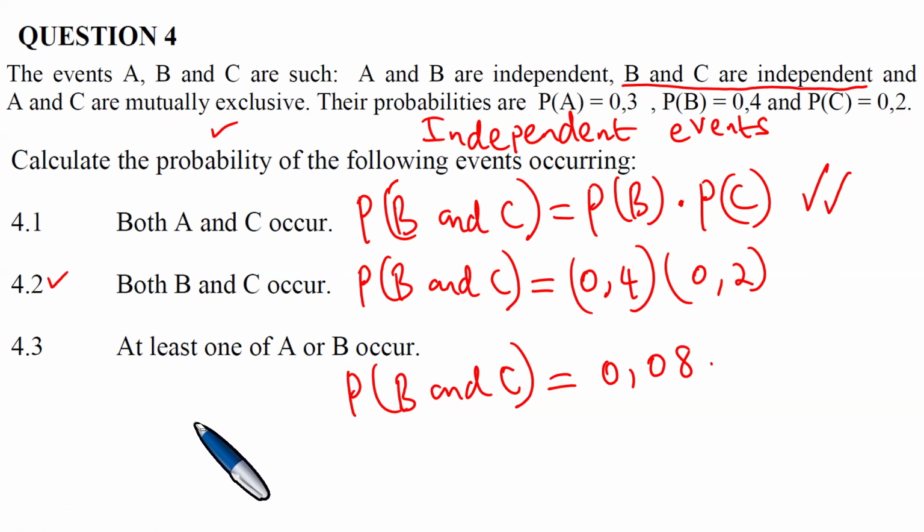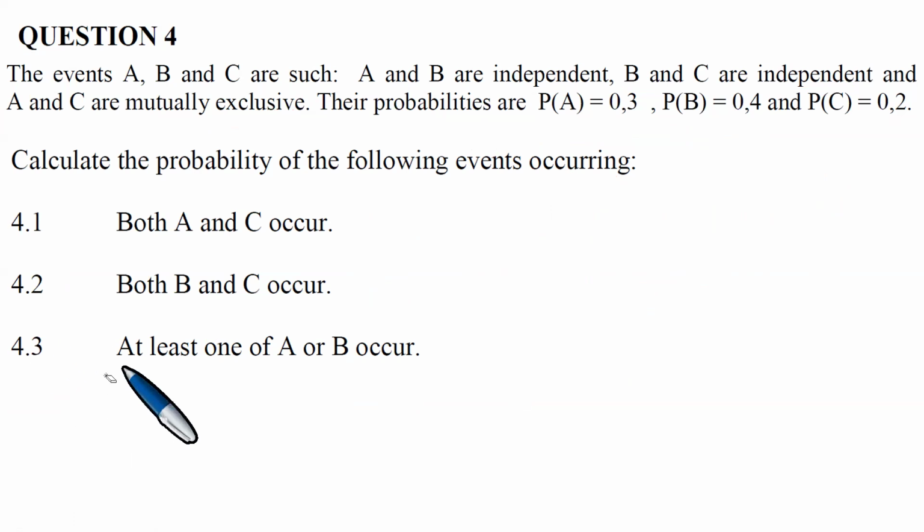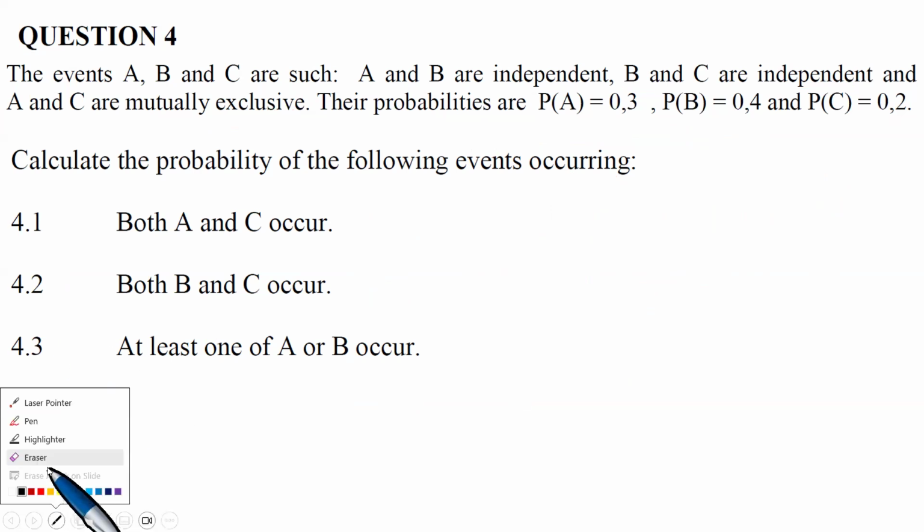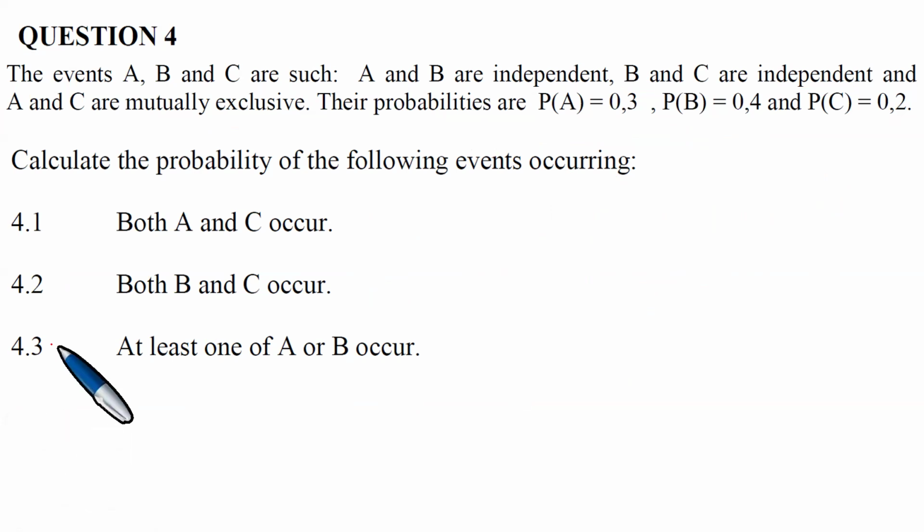Next point. We continue as follows. 4.3. Now in 4.3, we're interested in answering the question about calculating the probability of the following event occurring: at least one of A or B occurs.